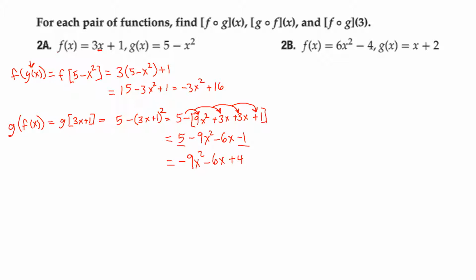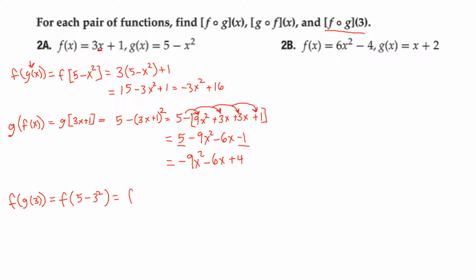All right, our last thing here is f of g of 3. Okay, f of g of 3. This is f g, and then inside g I'm going to put 3. So that means I need f of, and g is 5 minus 3 squared, because I'm putting 3 inside instead of x.